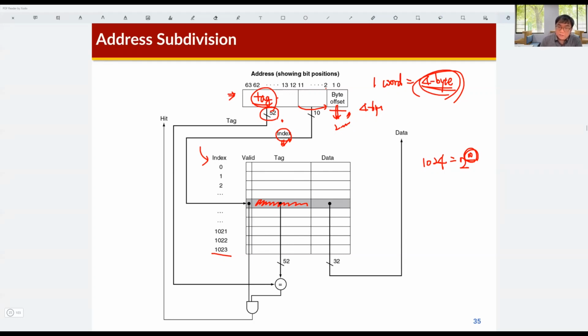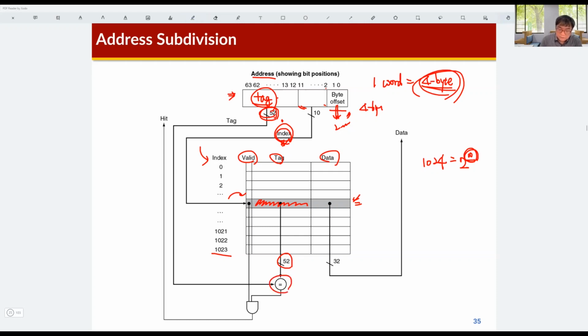So when this cache is accessed, we first extract the index from the requested address and then access the target cache entry with the index number. And then we can read out the tag, data, and valid bit from the target cache entry. Then we compare this tag with the tag of the requested data. Okay, so it's a comparator.